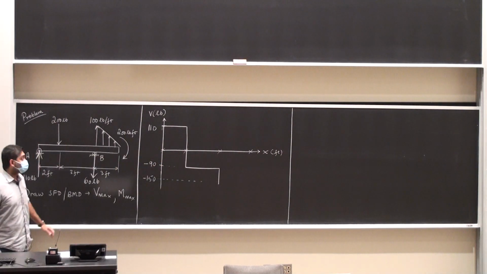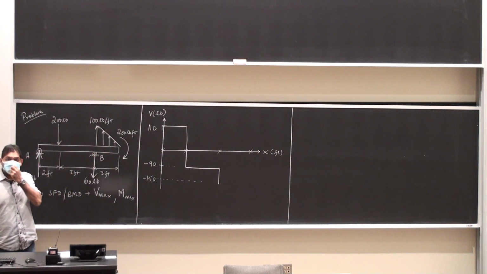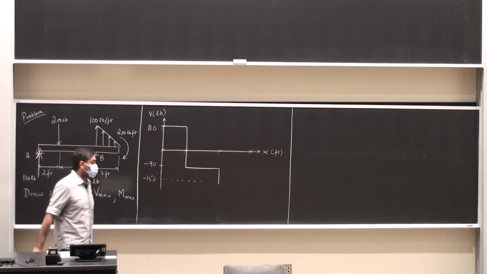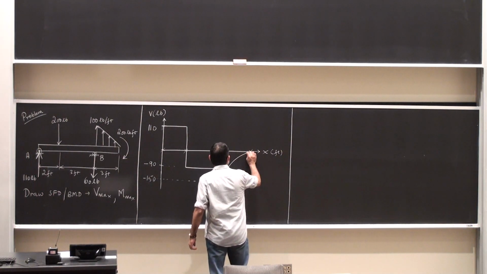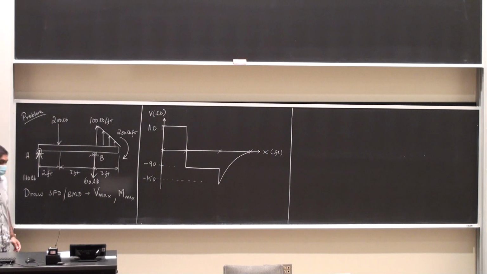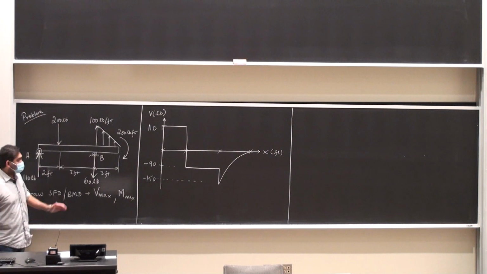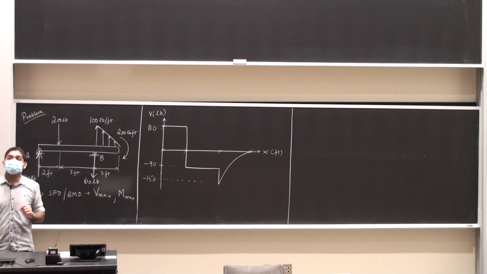And how am I going to go? Decreasing slope, eventually going back to 0. Okay, so right here, this is going to be the manner of the shear force diagram, and it's going to be a quadratic. This is because the slope is decreasing linearly.